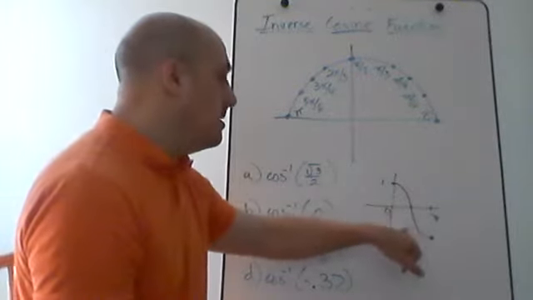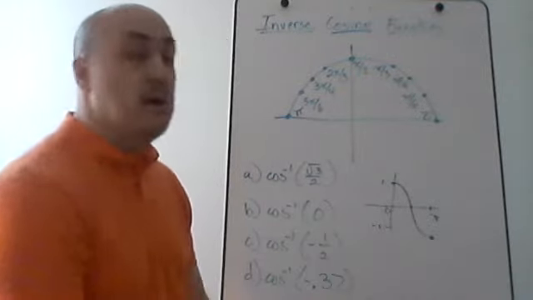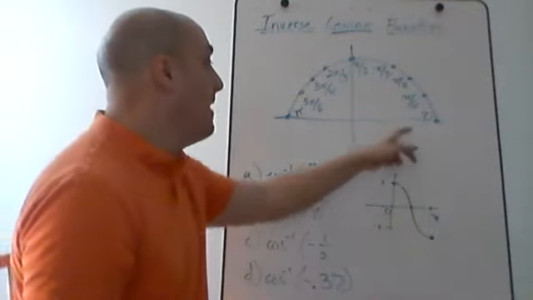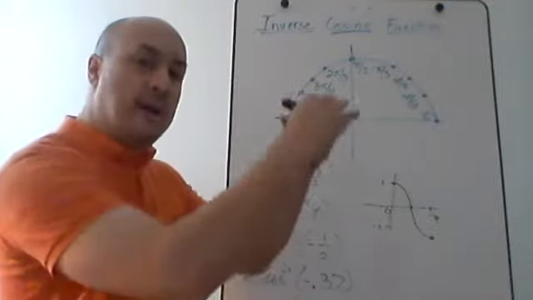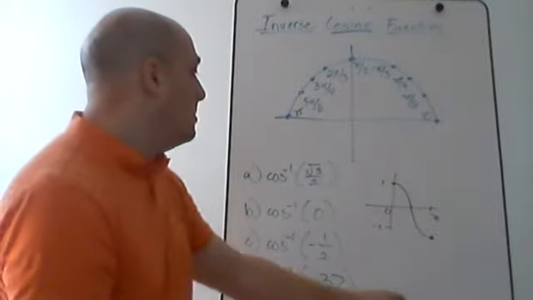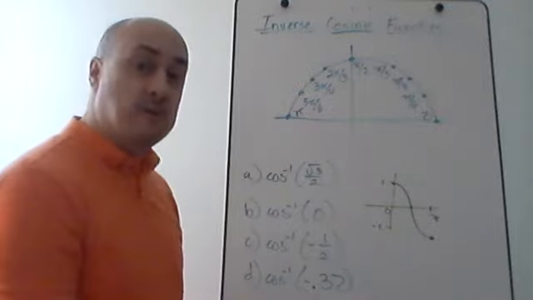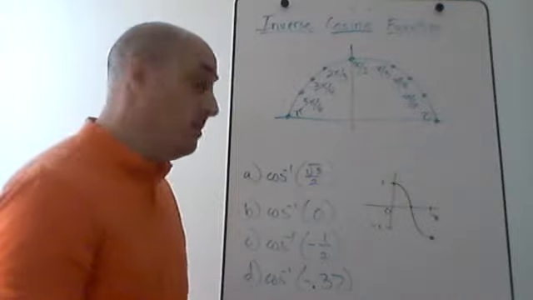But remember, I limit the domain of my cosine function between 0 and pi, which means when I'm evaluating the inverse cosine function, I can only use values of the unit circle between 0 and pi, which means I'm only looking at the top half of the unit circle, which is why up here when I drew the unit circle, I only drew the top half of the circle, because for inverse cosine, anything on the bottom of the unit circle is completely irrelevant to what we're doing, right?